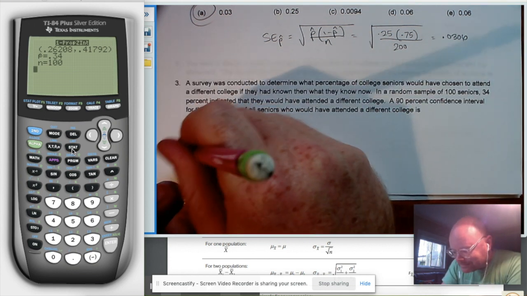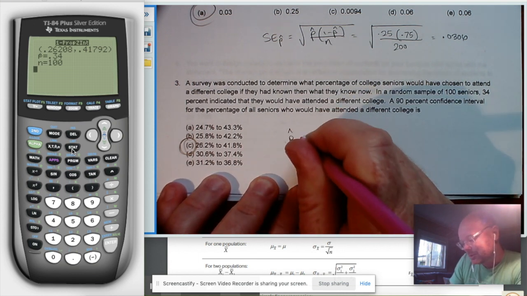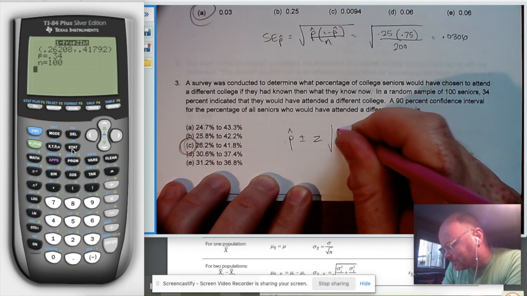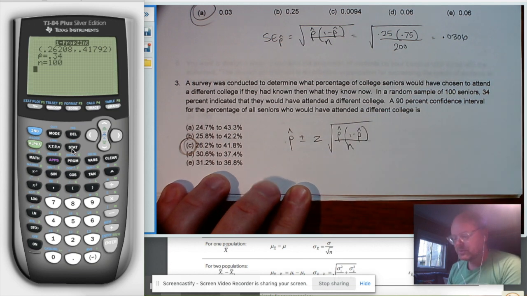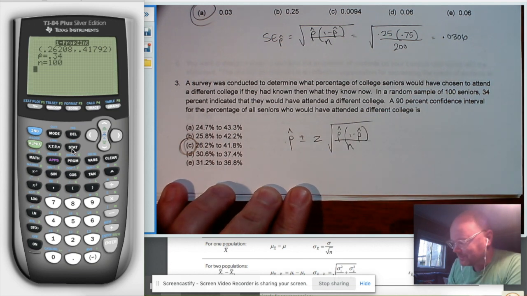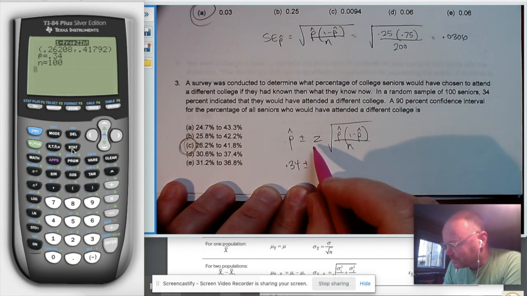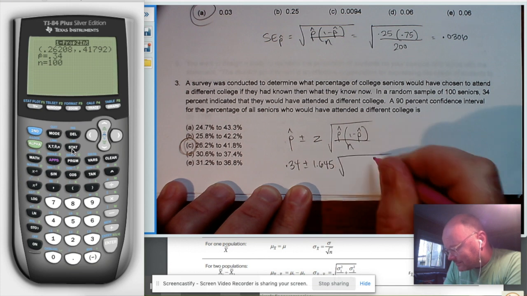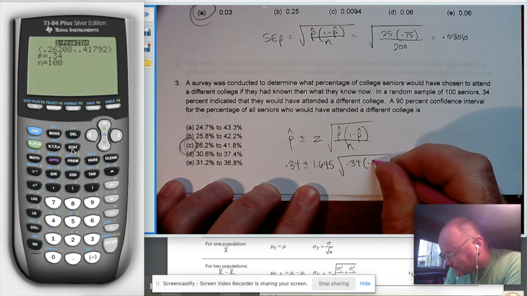So what your calculator is doing, just in case you wanted to know, is taking your p-hat, adding and subtracting some z-score times the square root of p-hat times 1 minus p-hat all over n. So you could throw all that into your calculator yourself. You could start with 34%. The z-score for 90% is 1.645. You could do all this by hand if you wanted.